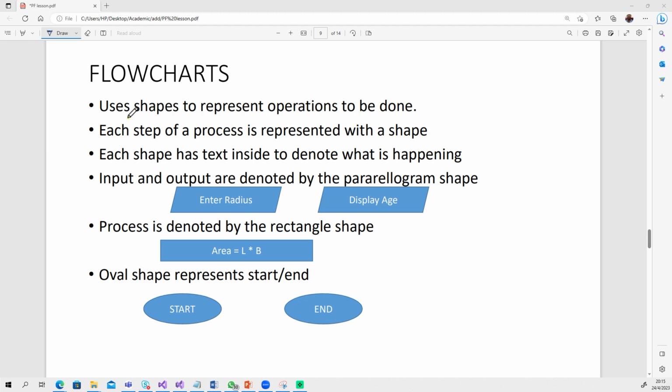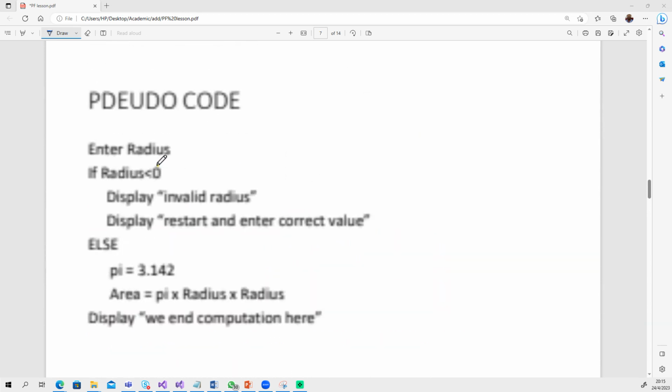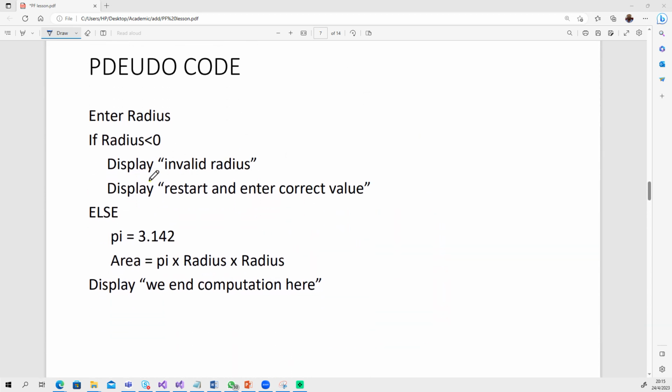With flowcharts, the idea is to represent the same thing that we are doing in pseudocode. In pseudocode, we're able to represent the steps that will be taken to solve a problem in the form of statements. We saw something like this, where you say, let someone enter the radius.